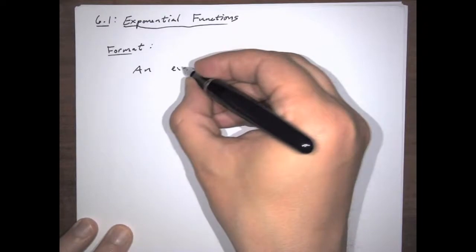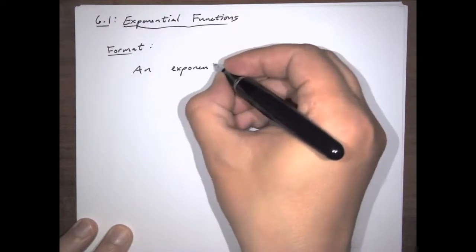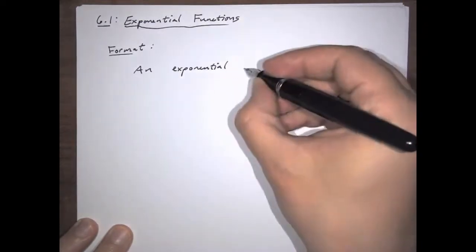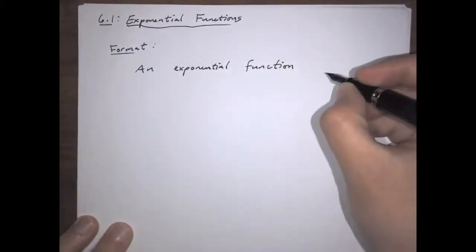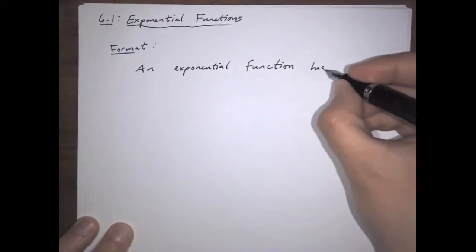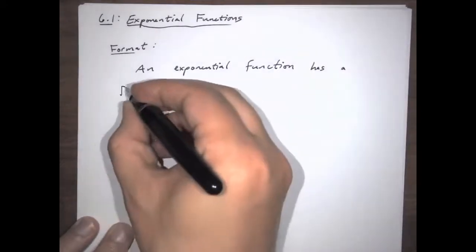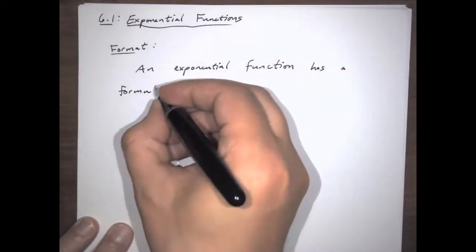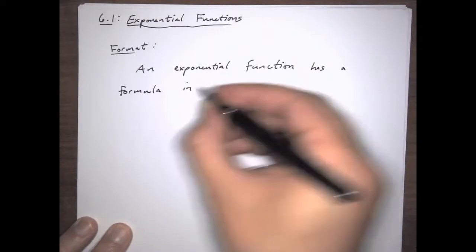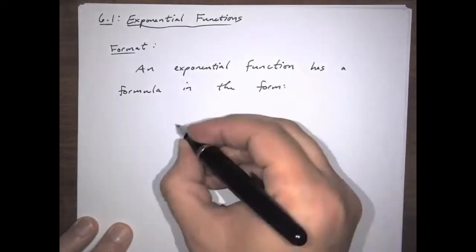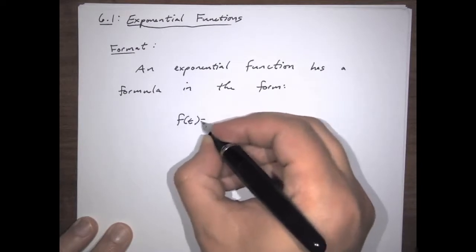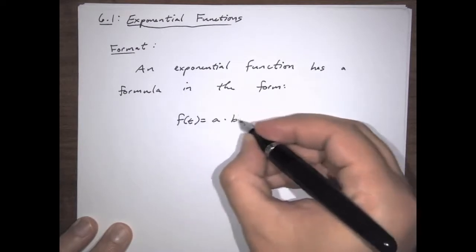So an exponential function has a formula in the form f of t equals a times b to the t.